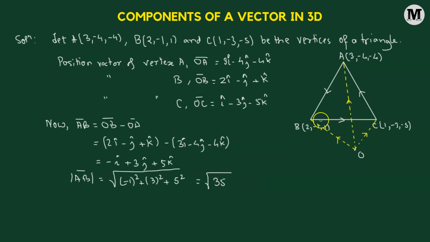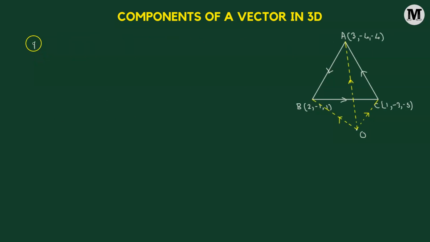Next, we will be computing the vector BC. BC vector is going to be OC vector minus OB vector. The OC vector is defined by i cap minus 3j cap minus 5k cap.